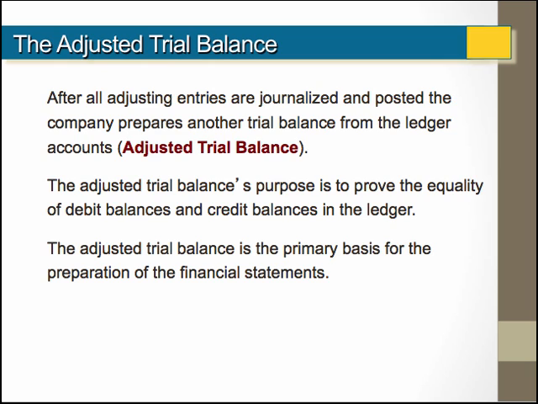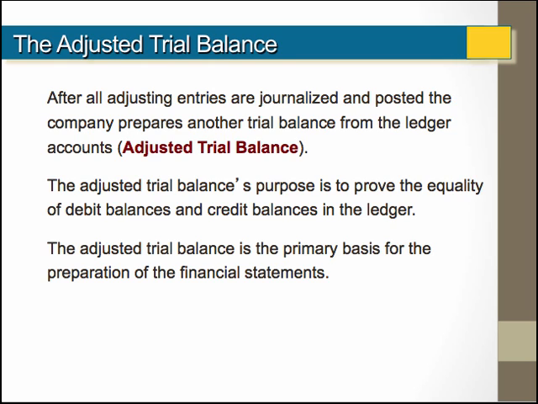Once all the journal entries have been made, we would want to post those journal entries into the ledger so that we have all the accounts updated in the general ledger. Once the general ledger has been updated, we would take the balances in each of those ledger accounts and create an adjusted trial balance.